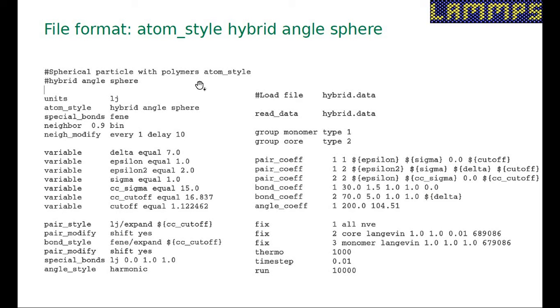So this is a good case for studying using the atom-style hybrid angle sphere, because we have only one spherical particle, and we have polymers attached to the spherical particle by means of an angle interaction and point interaction. So we use the Lennard-Jones units, and we have to specify additional information because we have different particles involved in this example.